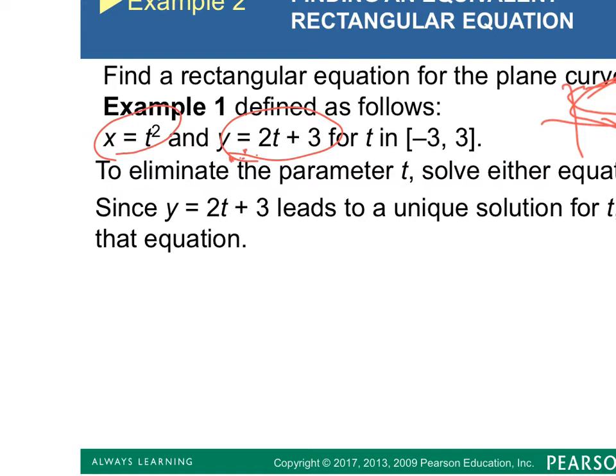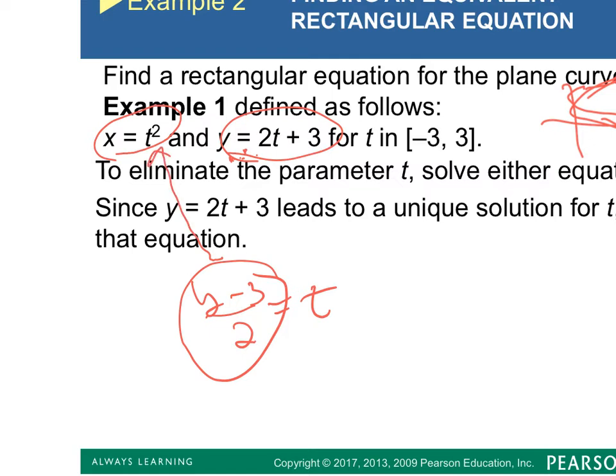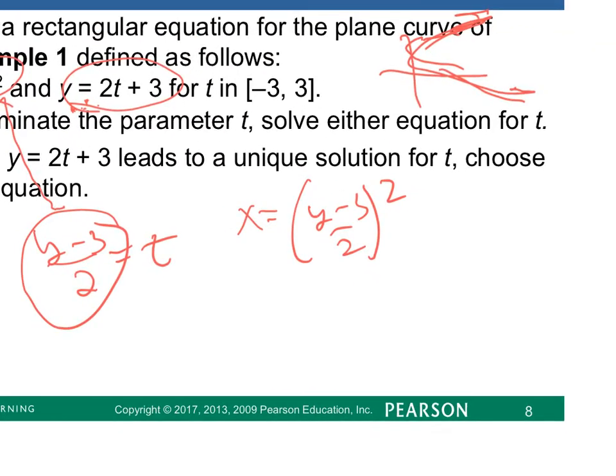So in this problem, y minus 3 all divided by 2 is equal to t. So I take all of t and I plug it up into the x equation. So I get x now will be equal to all of y minus 3 over 2 squared. So notice the beauty of this equation.